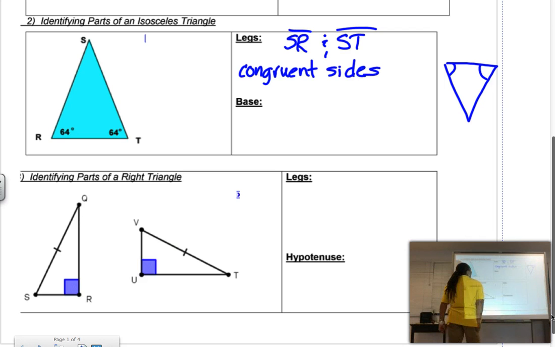Thank you very much. All right, now what's the base of this triangle that we have presented? RT. And how would you describe the base of an isosceles?